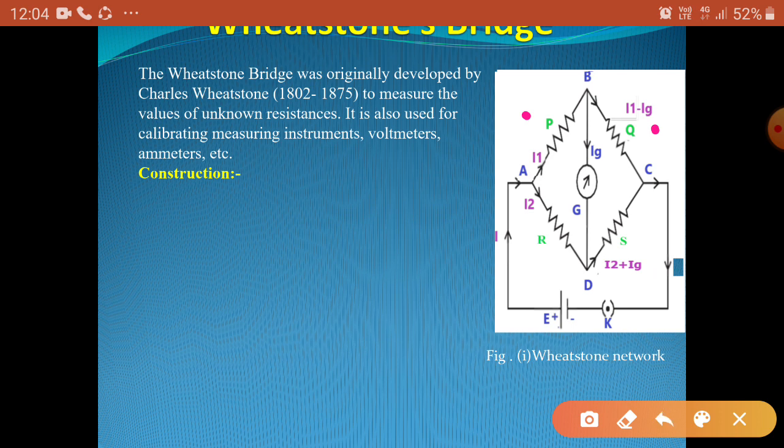A source of EMF E is connected between diagonally opposite points A and C through the plug key K. Again, a sensitive galvanometer is connected between the other two vertices B and D.